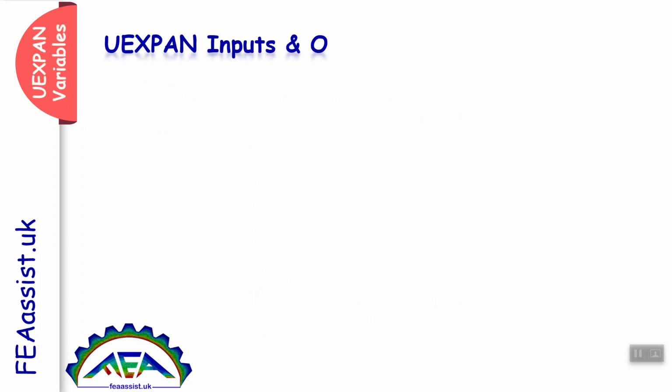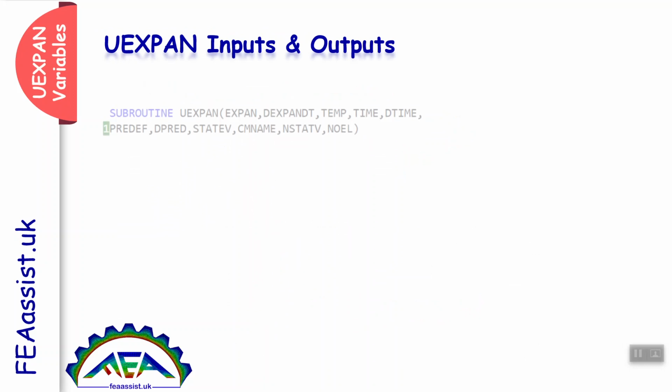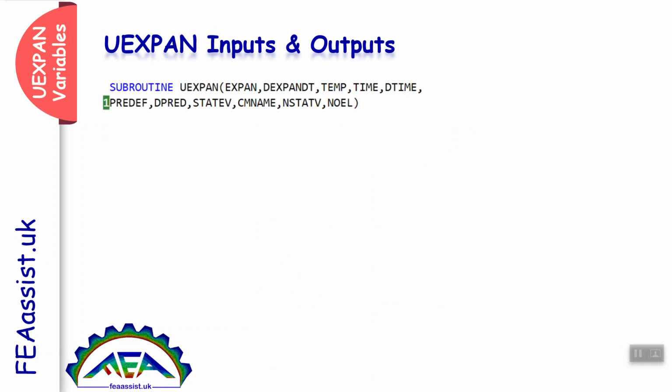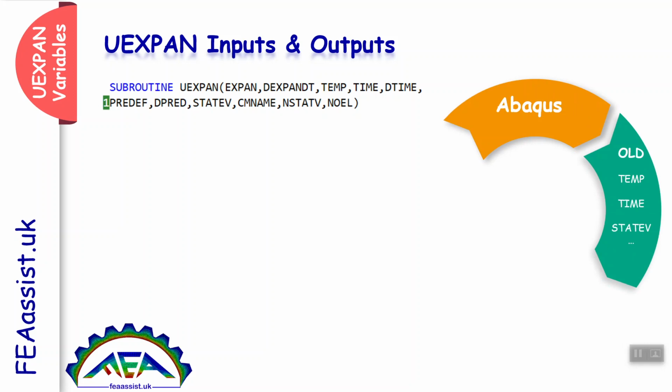UXpan variables. UXpan inputs and outputs. The UXpan subroutine has some inputs and we need to process them and export an output to Abaqus. In other words, Abaqus computes temperature, time, state variables.